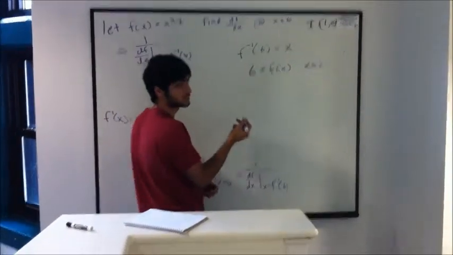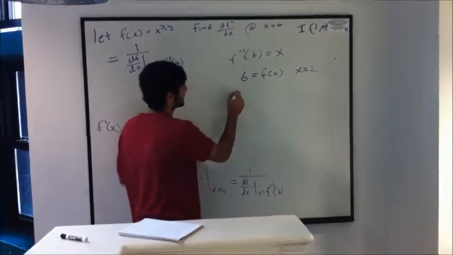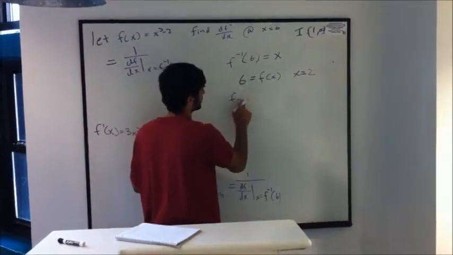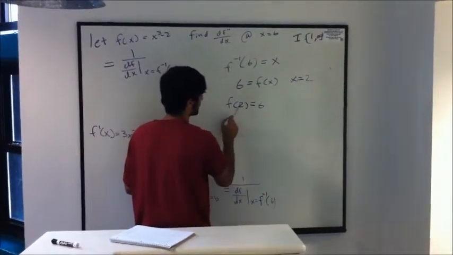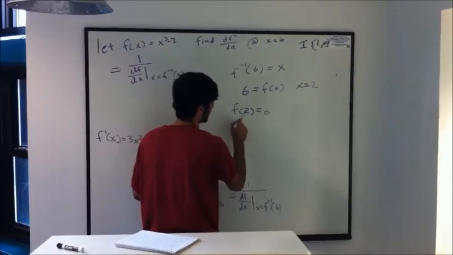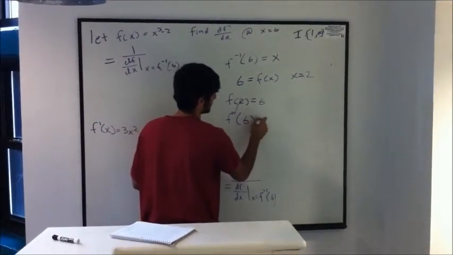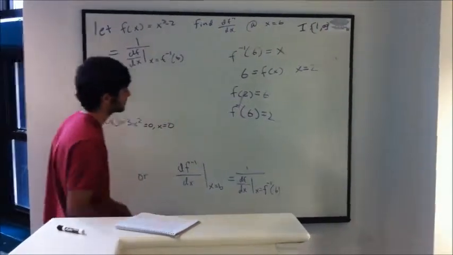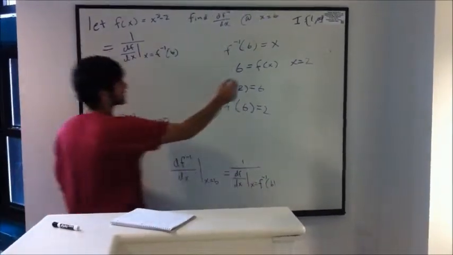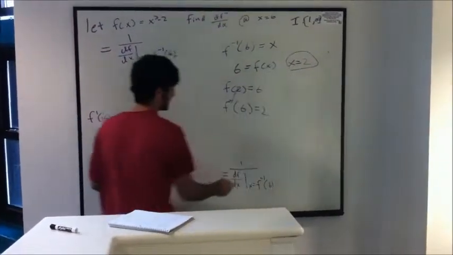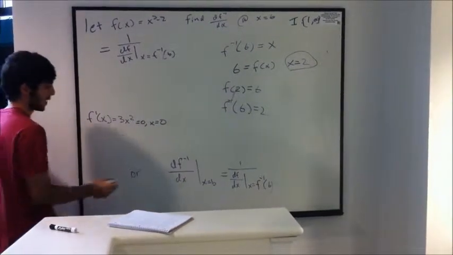And this makes sense because if f of 2 equals 6, then f inverse of 6 must equal 2. So we know that this is the value that we're plugging into our formula for x.